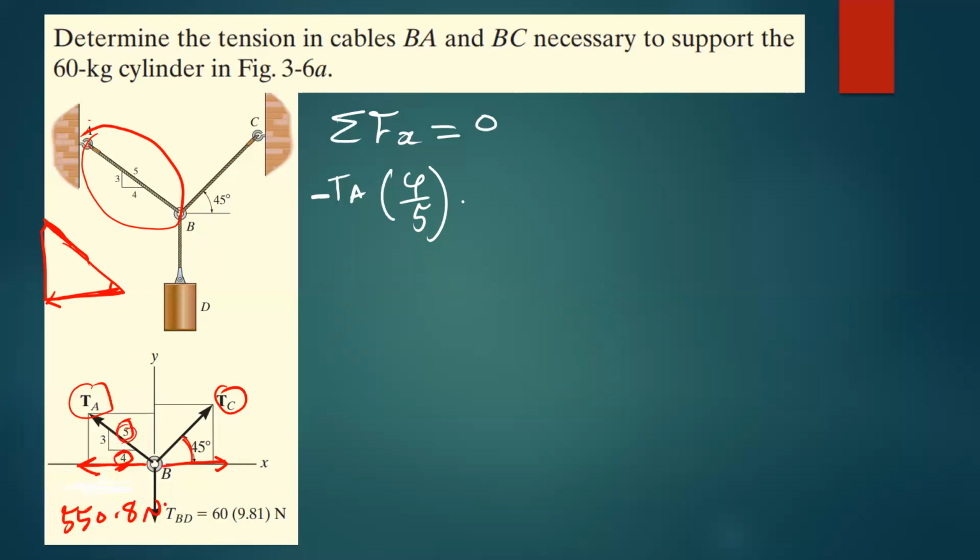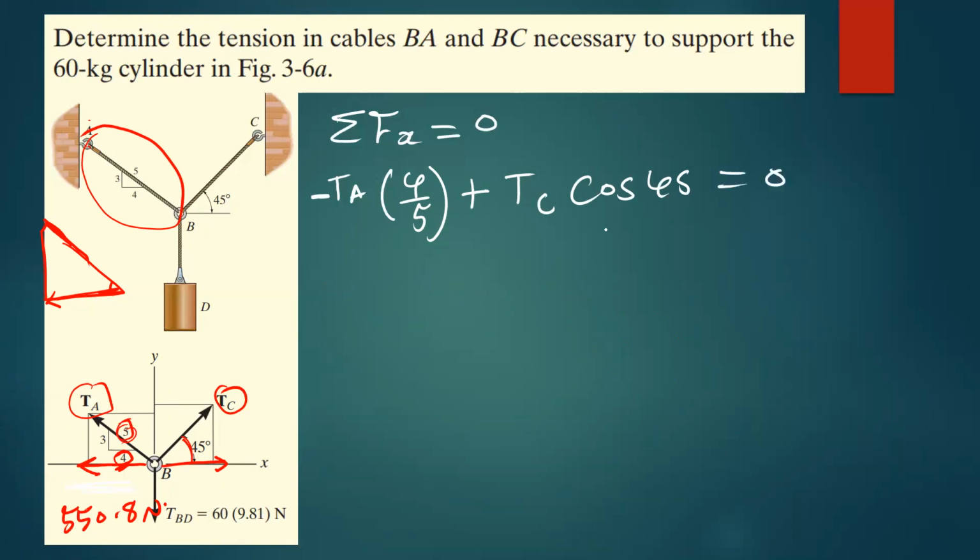So we're going to have something like this. It's facing towards the positive, so we write a positive there. And then we say TC cos 45. Then, do we have another force that is in the x? No, we don't. So we equate this to 0.